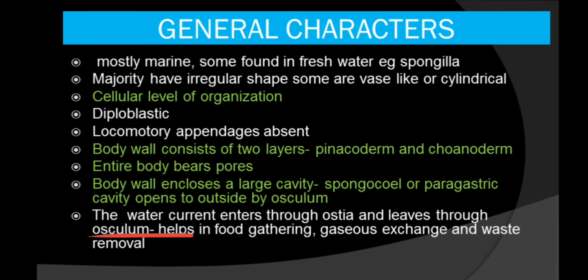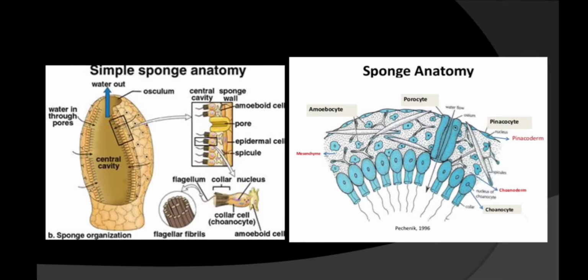Okay, observe this figure. So here you will see this is a sponge, and there are numerous pores on the body of the sponge, whereas this is the central cavity which is known as spongocoel, and this is an opening, meaning spongocoel opens outside with an opening called osculum.